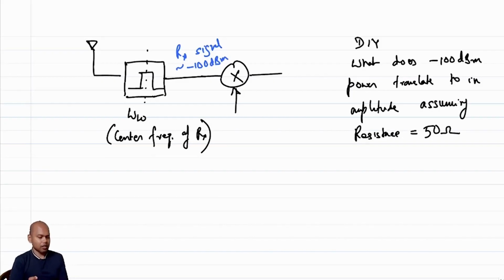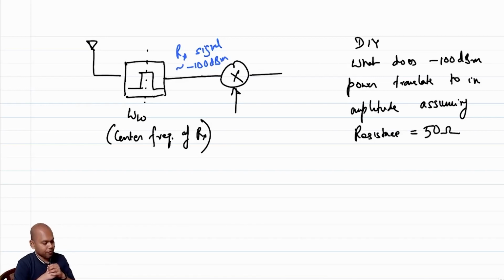I have not till now talked about any resistance requirement; it will come in future lectures, but for the time being, assume there is a reference resistance of 50 ohm, and this 100 dBm power is referred to that 50 ohm, that is V squared over 2R, where V is the amplitude of the signal, is equal to some power expressed in dBm. If that is the case, you will get a fair idea of the level of the signal that we are dealing with. Okay, what's the problem?